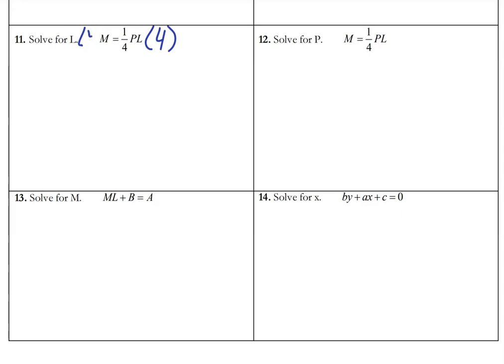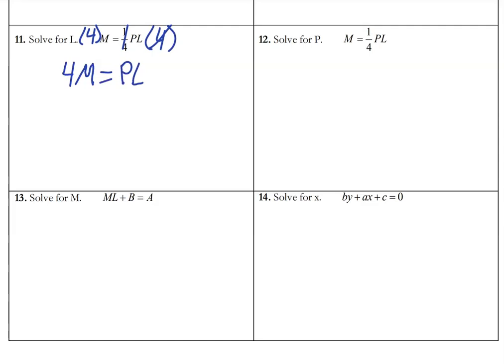Sorry, I don't know why it's not writing very well on this one. So times 4 on both sides. Okay, so now this 1/4 gets canceled out by the times 4, because we would get 4 over 4, which just equals 1, right? And on the left, now we have 4m. And on the right, we have pL.